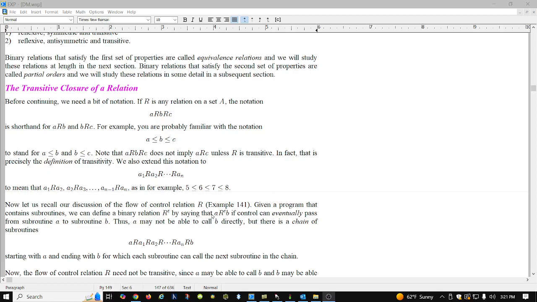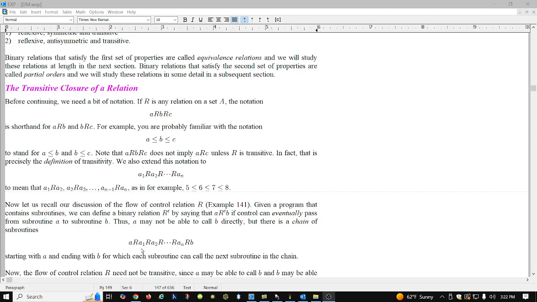This is defined by saying that A R^T B if control or execution can eventually pass from A to B. In other words, A may not be able to call B directly, but there's a chain of subroutines A1, A2, up to An, so that this chain is true.